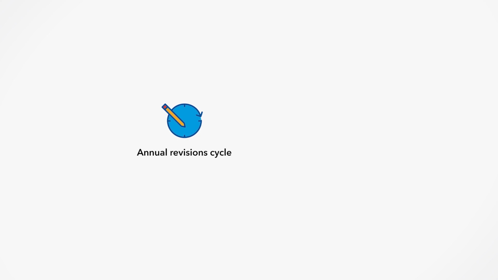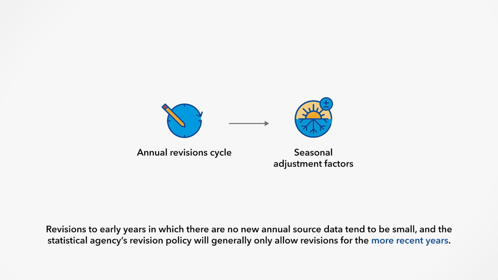The annual revision cycle can also be associated with the updates to the seasonal adjustment factors, which generally imply some revisions to all periods in a time series. In practice, however, revisions to early years in which there are no new annual source data tend to be small, and the statistical agency's revision policy will generally only allow revisions for the more recent years.